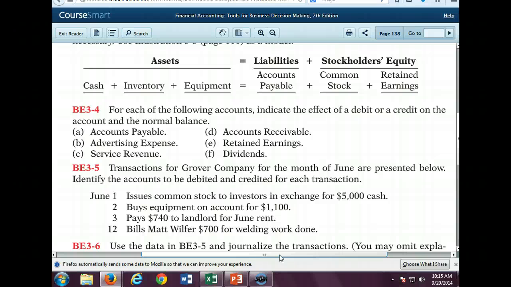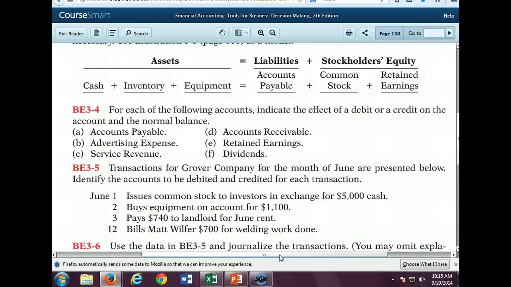It's a liability. Liabilities, for them to increase, what do we do to them? Look at your cheat sheet. We credit them. So if we debit them, what is going to happen to the liability? It's going to go down.